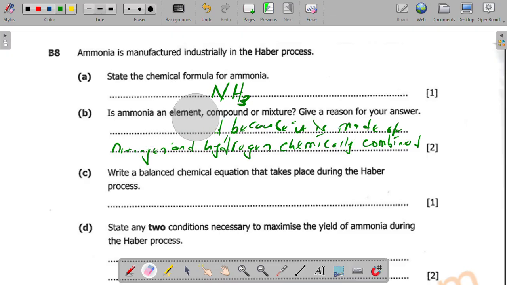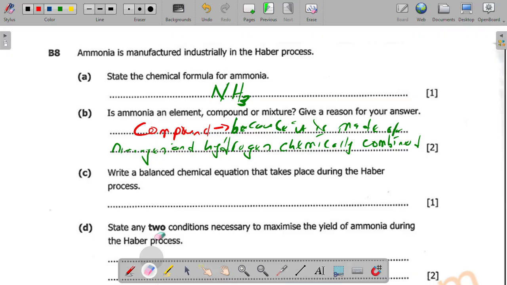Let me use a small rubber here. So ammonia is a compound. Reason, this is the reason here, because it is made of nitrogen.